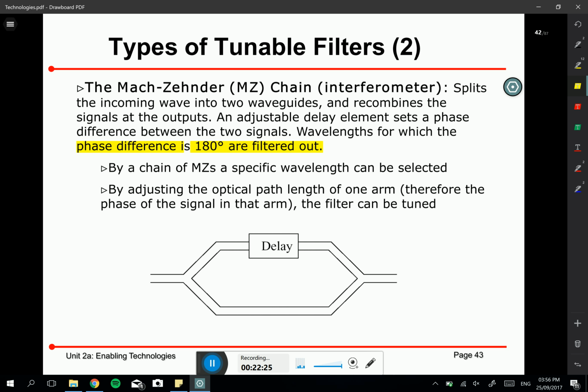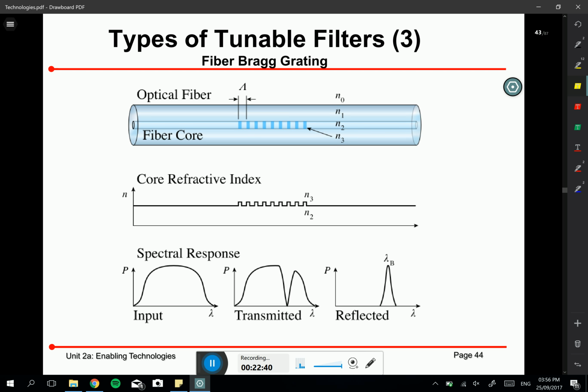The fiber-Bragg grating is a bit complex to understand why it works in such a way, so just be aware that there is another kind of famous and applied filter in optical networks, which is called fiber-Bragg grating, which is based on the idea that in the core of the fiber you change periodically the refraction index, a grating, but we're not going to get into the details of how it works.